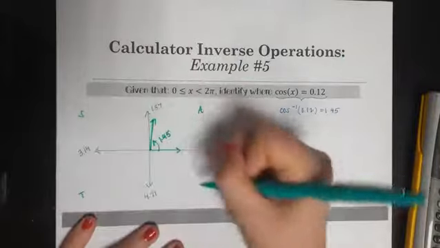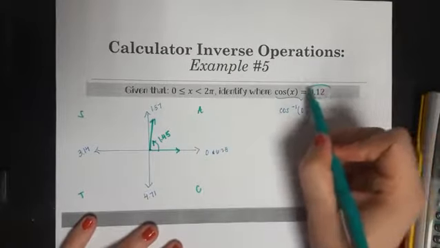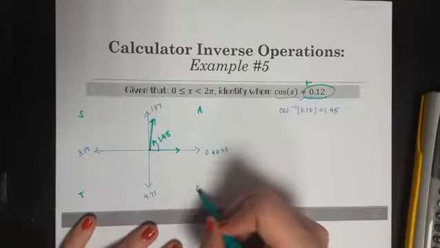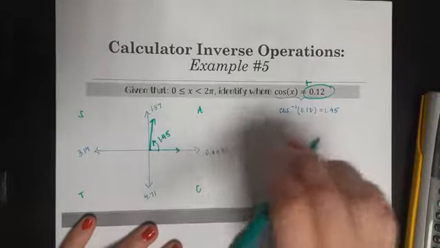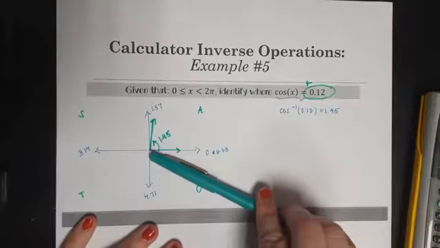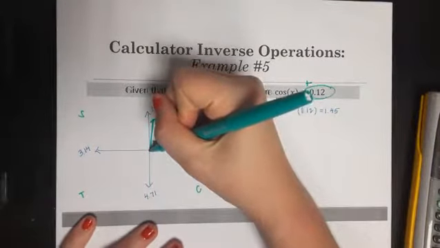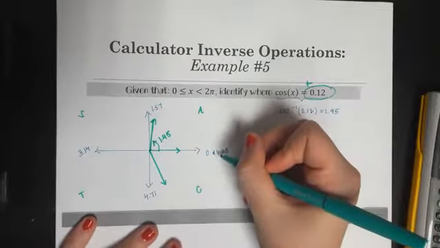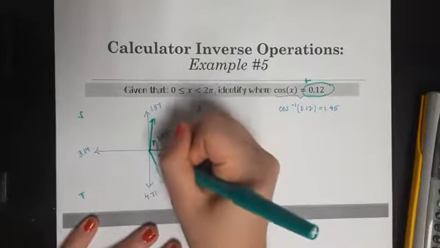If I go around my circle, all students take calculus. The other place where my cosine is positive, because this value is positive, is going to be down here. So to get to an angle with a reference term of 1.45, I'm just going to go down this way, 1.45. So that means I'll take 6.28 and subtract 1.45.